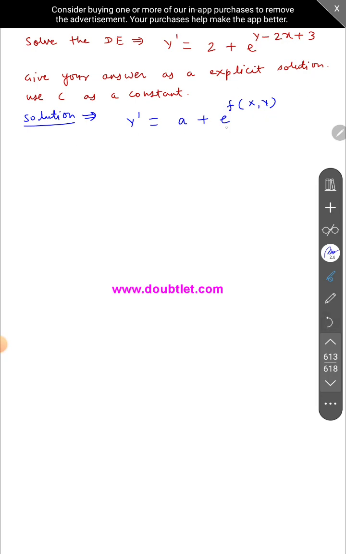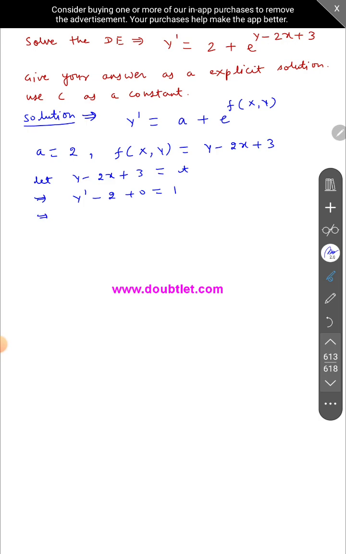So here we know that the value of a is 2, and function f x comma y, we can write this, this is an equation of a straight line, y minus 2x plus 3. Now if we assume this f x y is equal to t, means if we assume y minus 2x plus 3 is equal to t, and if we differentiate both sides with respect to x, then it will become y dash, this will become 2, this will become 0, this will become 1.